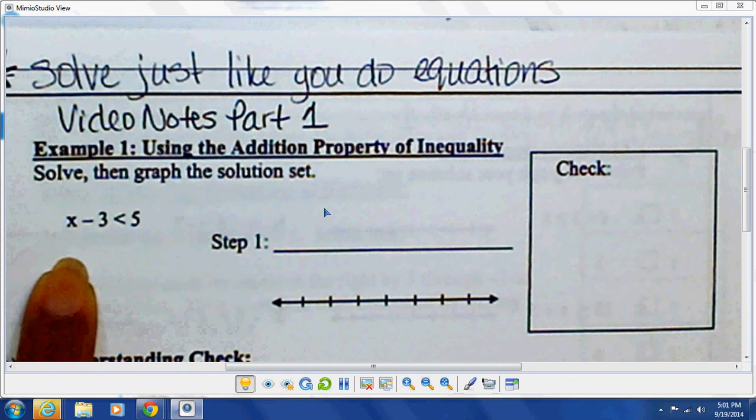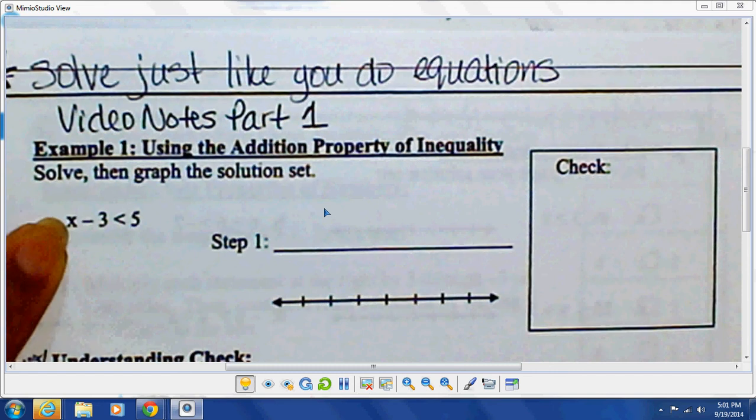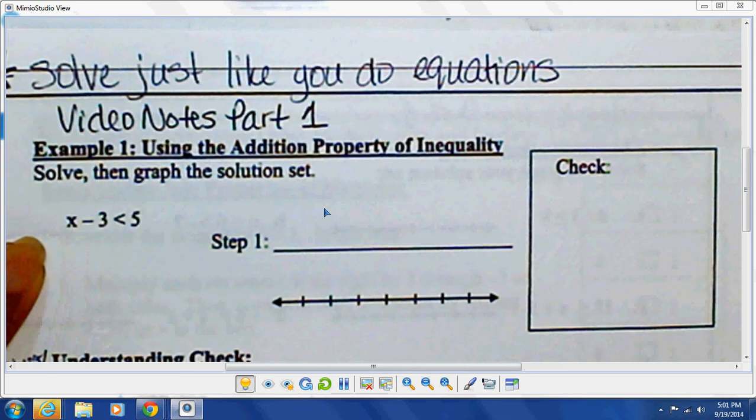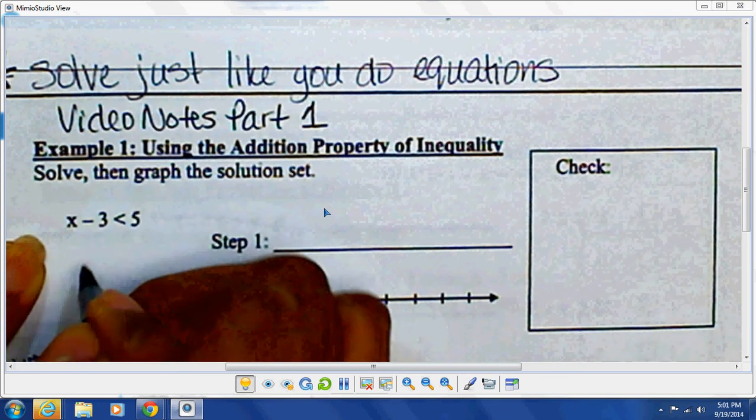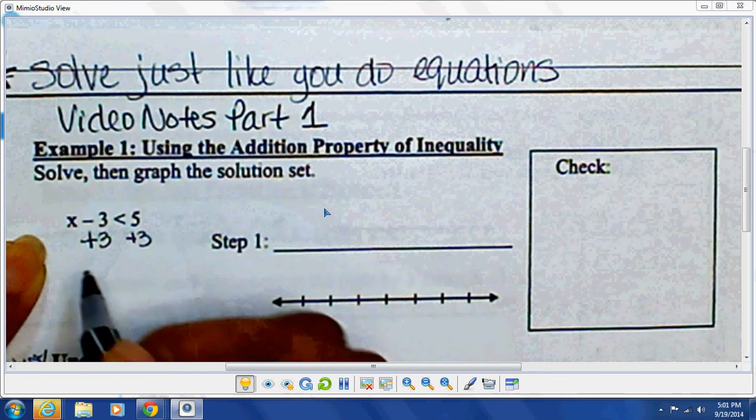So if I have x minus 3 is less than 5, we're still going to use inverse operations, just like we did with equations. So since we have subtraction right here, then that means you would do its inverse, which is addition. So therefore, we're going to add 3 to both sides of the inequality.